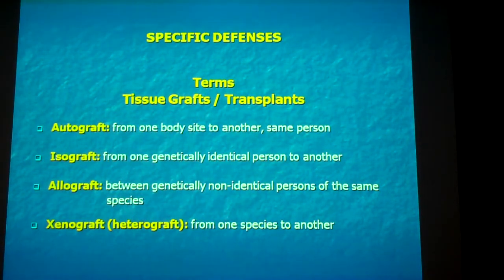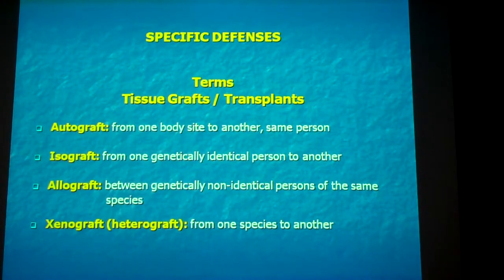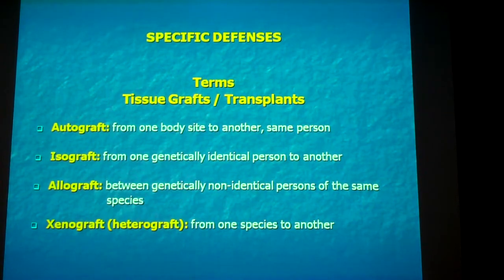All right, some terms. Autograft. This is a tissue transfer from one part of a person's body to another part. His own tissue, or her own tissue. Let's say you got a burn of the forearm. It's full thickness. You need a skin graft.